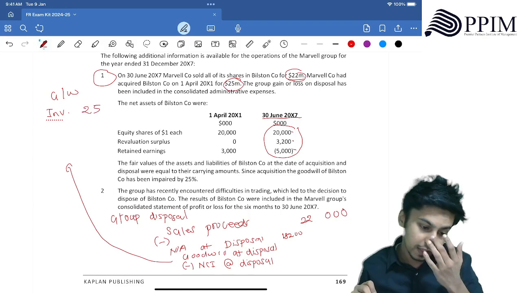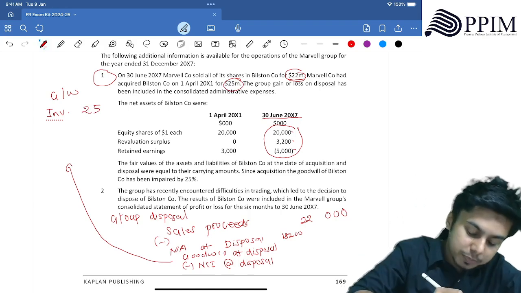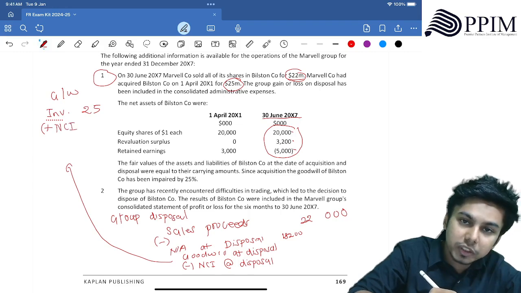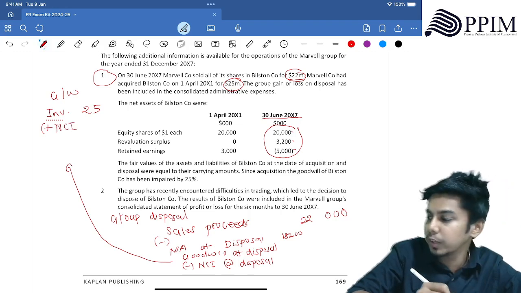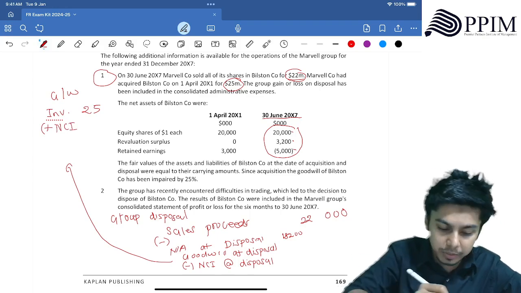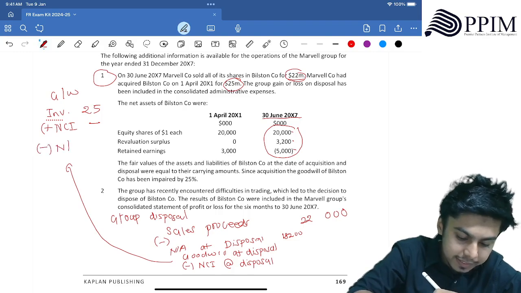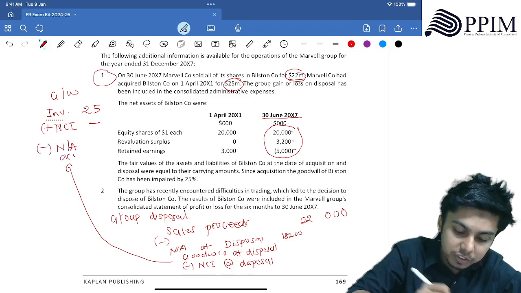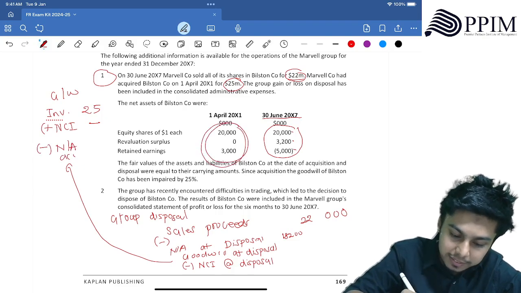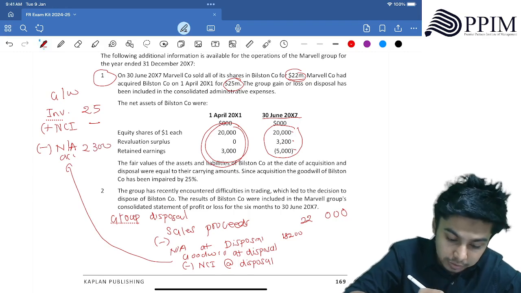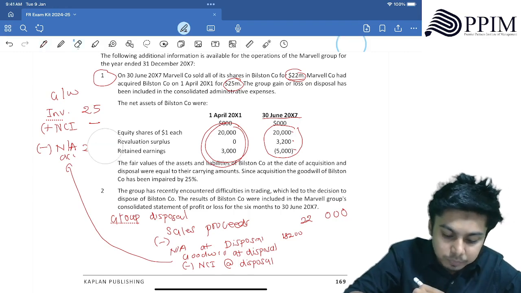Then after the investment, we should add the fair value of NCI. Do we have an NCI in this question? The answer is no, because we bought 100% of this company. So there is no NCI. Minus net assets at what date? Acquisition date. Can you see the net assets at the acquisition date? 23 million.